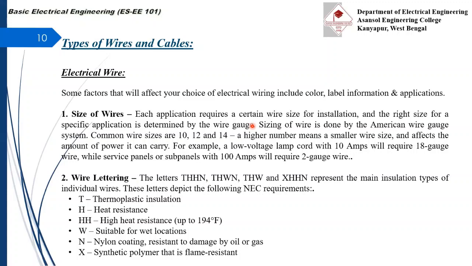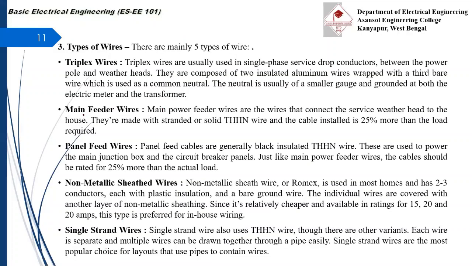Okay, that means this is THHN, thermoplastic, high heat resistant, nylon coating wire. Okay, and the cable installed is 25% more than the load required. So this is your first part. This is the second type of wire.